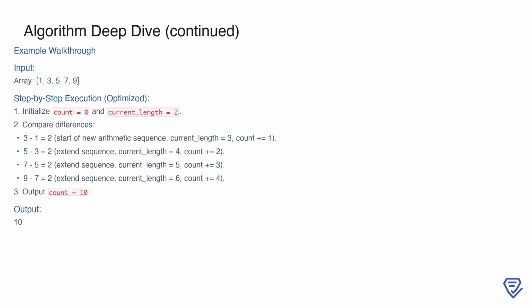Next, 5 minus 3 is also 2, so we extend the sequence, set current_length to 4, and add 2 to count. Similarly, 7 minus 5 and 9 minus 7 both equal 2, so we continue extending the sequence, updating current_length and adding 3 and 4 to count, respectively. At the end, count equals 10, which is the total number of valid arithmetic subarrays. This example demonstrates the efficiency of the optimized approach in dynamically identifying and counting valid subarrays.